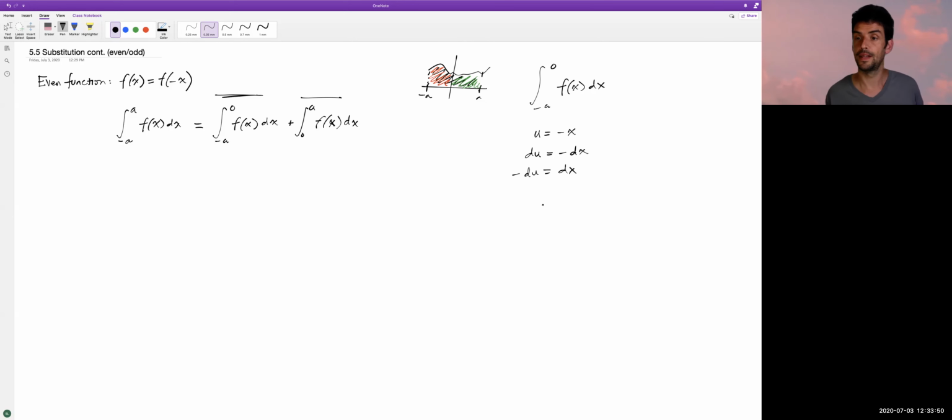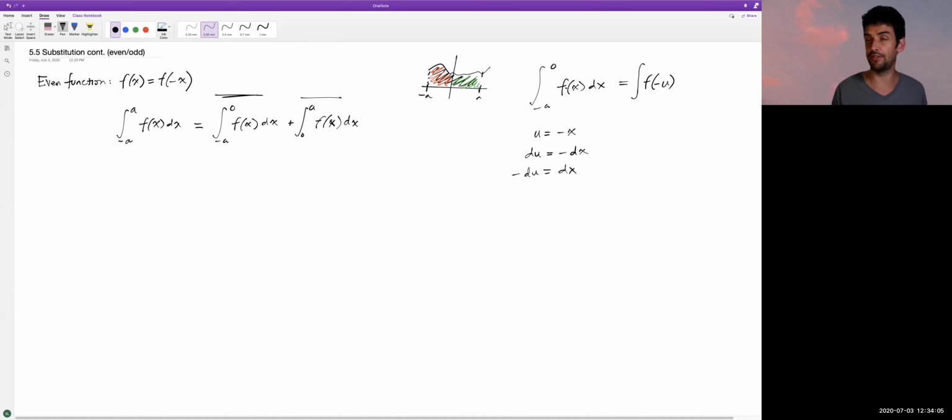Now let's make this substitution. So instead of f of x, I'll have f of negative u, right? Since u is negative x, x is negative u.